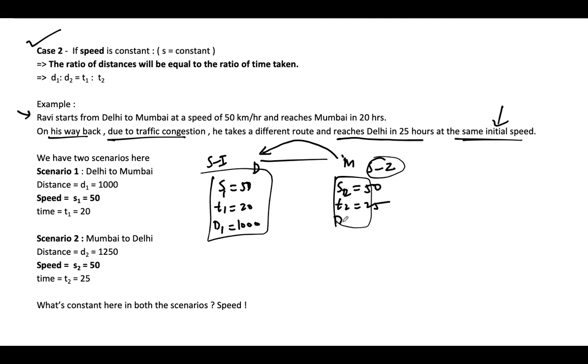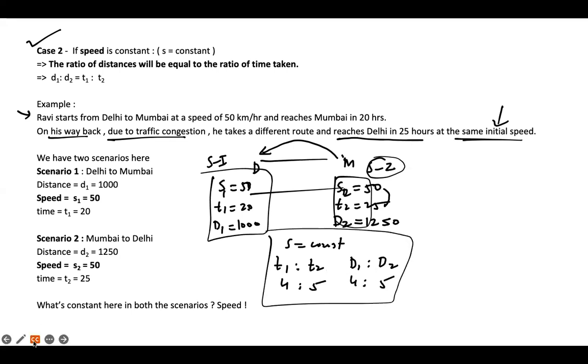So what will be the distance traveled? 25 into 50 is 1250. What is constant? Speed is constant. Check the ratio of time: T1 is to T2, 4 is to 5. Check the distance ratio: again, 4 is to 5.